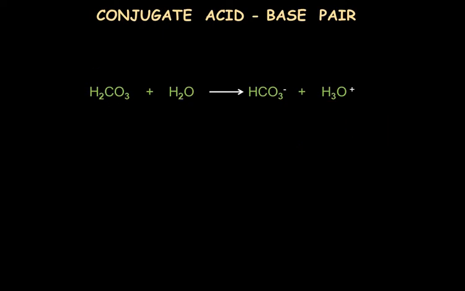Let's have a look at the answers here. Now hydrogen carbonate is donating the hydrogen ion to form hydrogen carbonate ion. So hydrogen carbonate is an acid and water is acting as a base because it has accepted hydrogen ion from the hydrogen carbonate. On the other side, if you think about the reverse reaction, then hydrogen carbonate ion is a base because it accepted hydrogen ion from the hydronium ion.